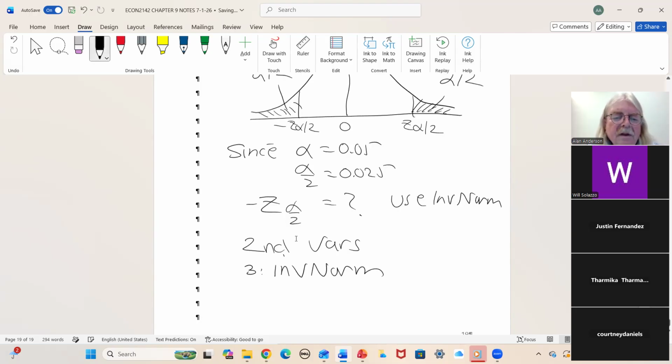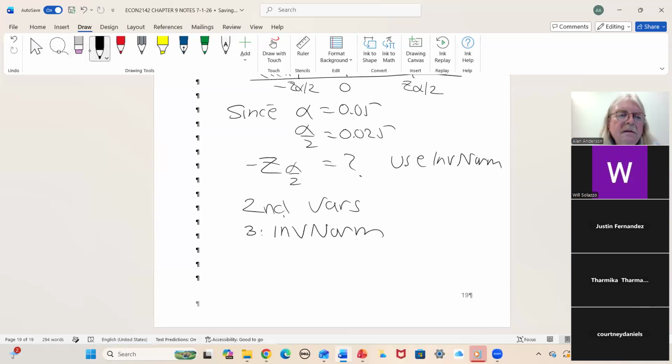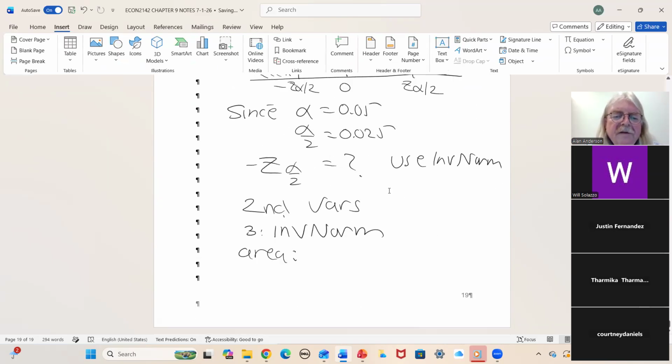And of course, remember, this is the one that just asks for the left tail area, which means 0.025, mu and sigma.